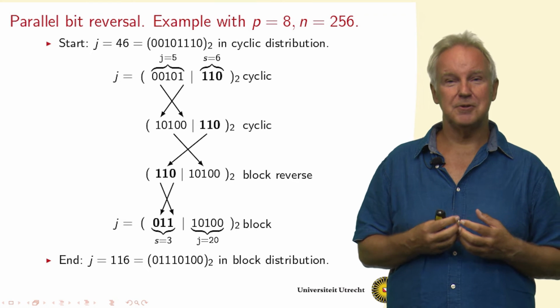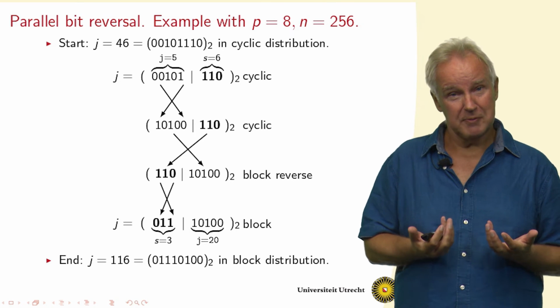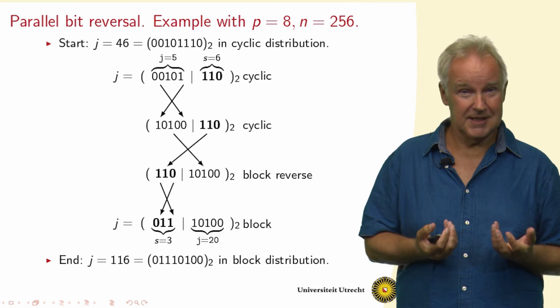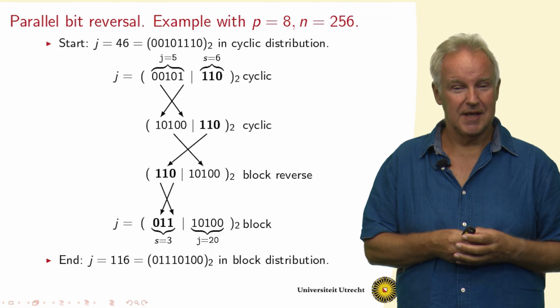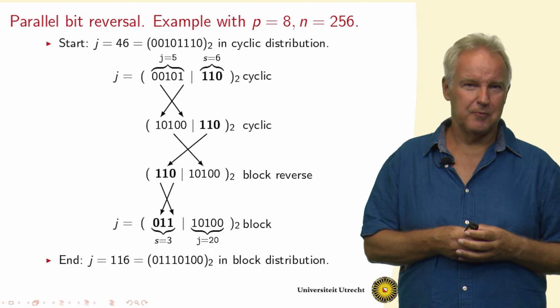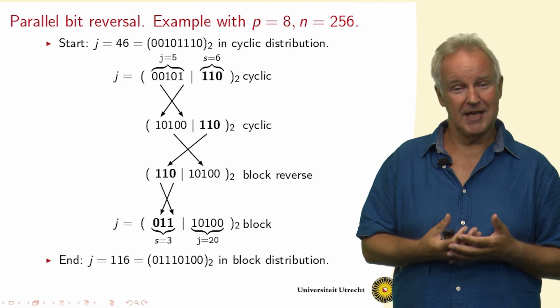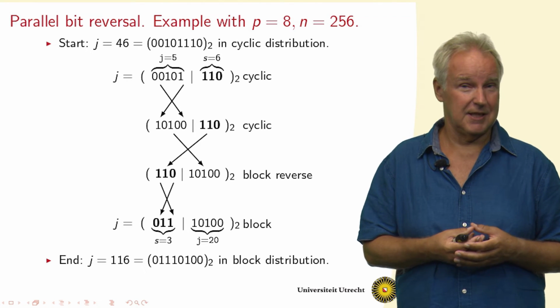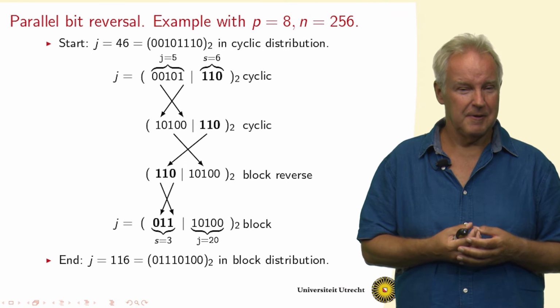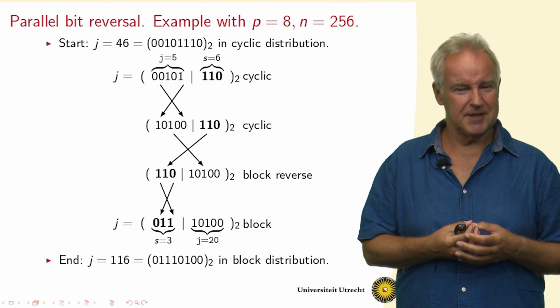And how do we perform this bit reversal? Now let's have a closer look at the bits. We have 8 bits because n equals 2 to the power 8. And we can group them.